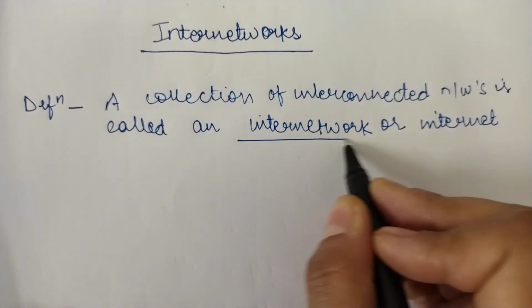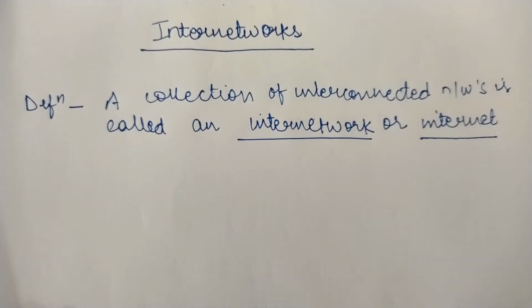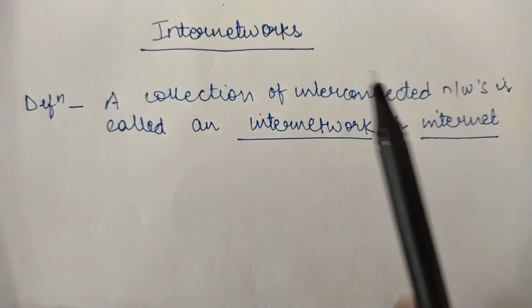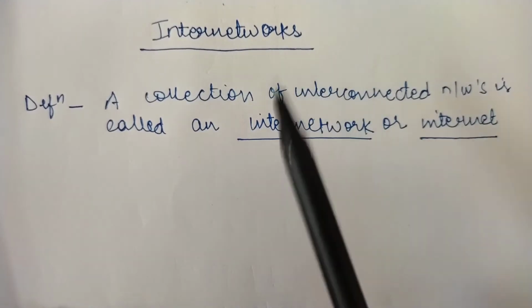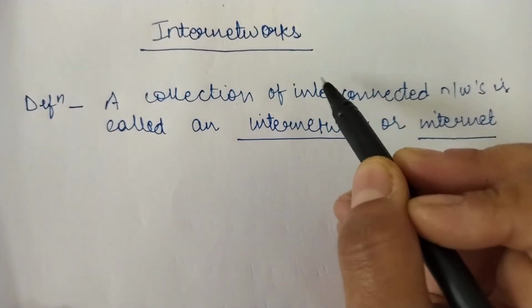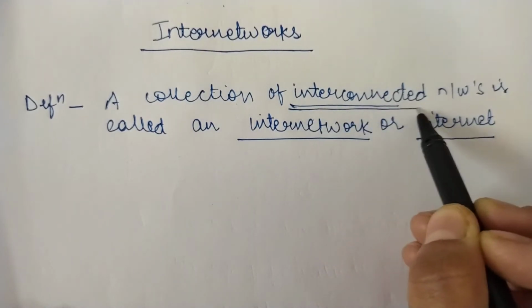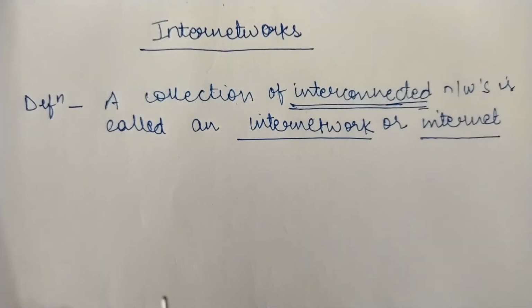So that means if I say an internet or an internetwork, that is the same. So what is an internetwork? An internetwork is a collection of interconnected networks. Now what do you mean by interconnected networks?